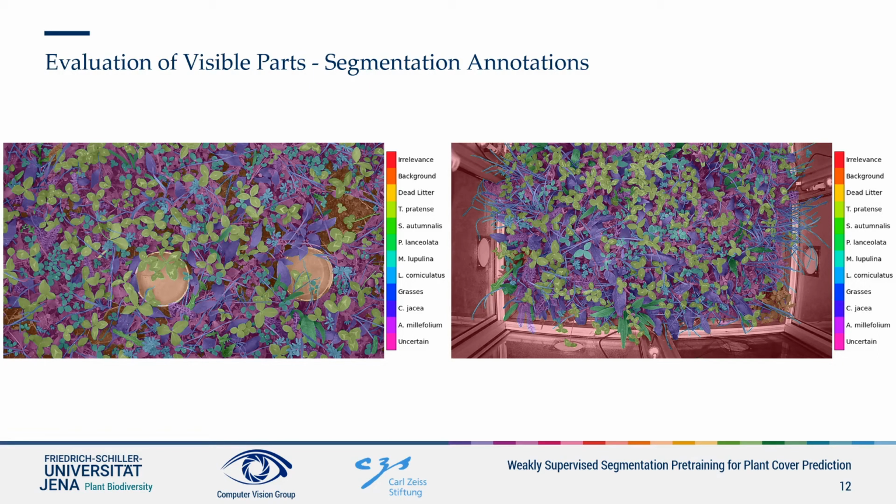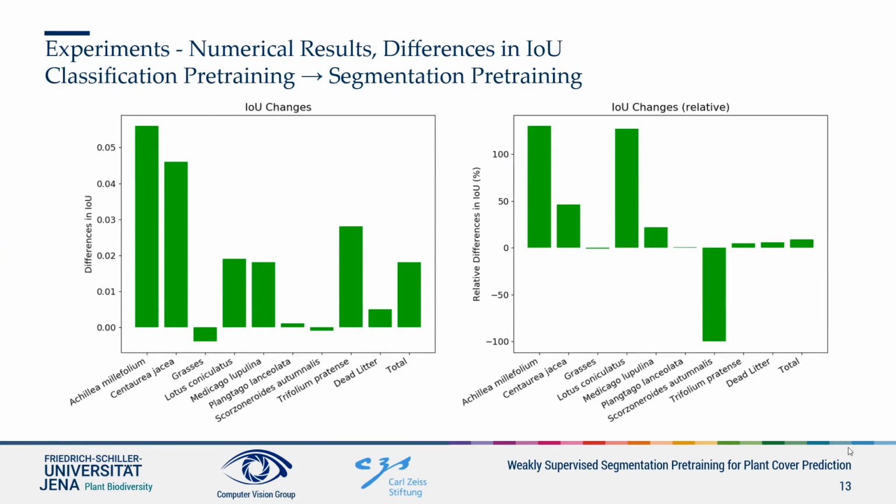As you can see, the plants are usually quite small, and of course they are also very hard to distinguish sometimes from one another. And it's not only a hard task for the network, but also for humans as well. We can then use these segmentations simply with an intersection over union metric to evaluate our approach, and we do exactly this here.